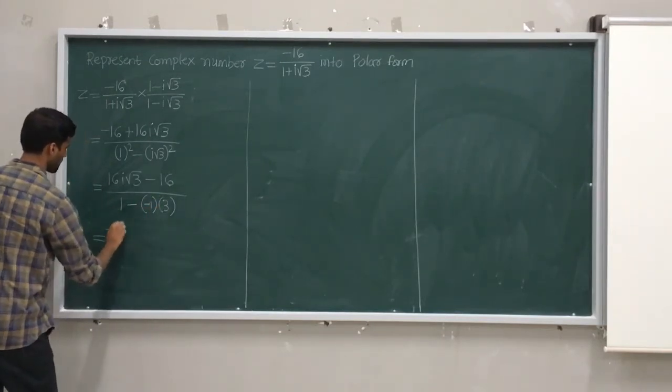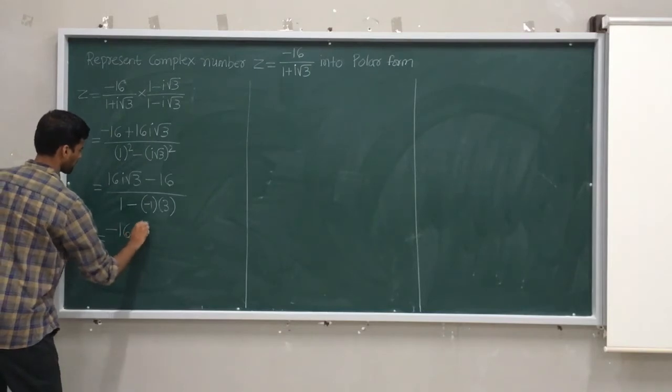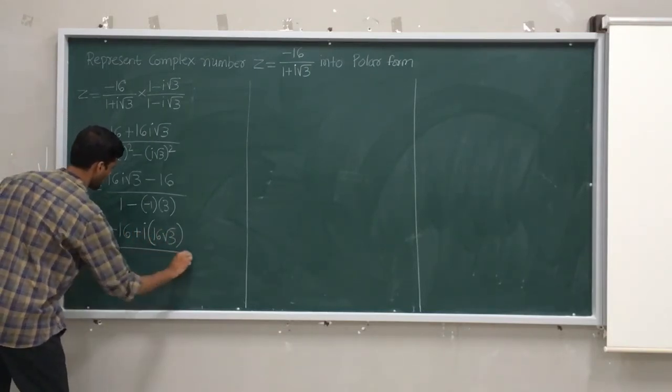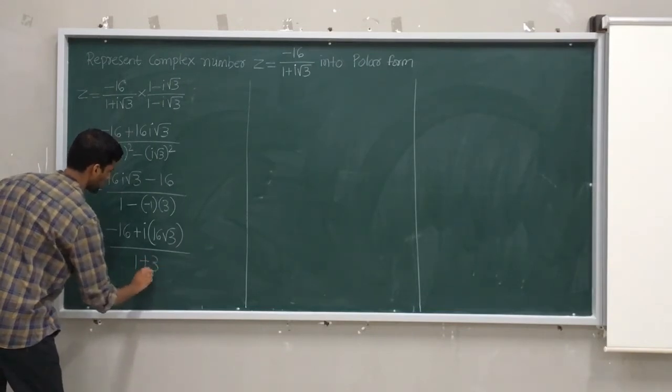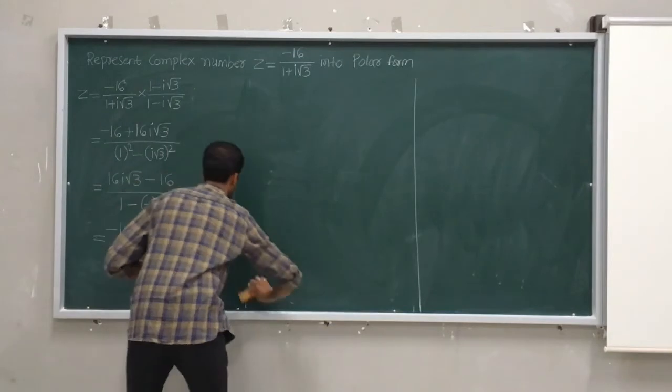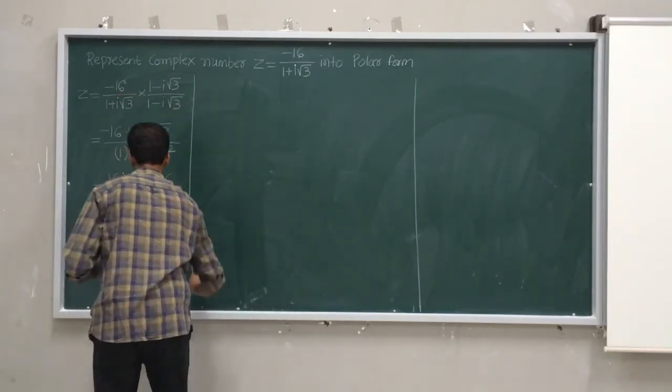So it is nothing but minus 16 plus i times 16 root 3 divided by 1 plus 3. Yes or no? When you deal with such things, it is simplified easily.